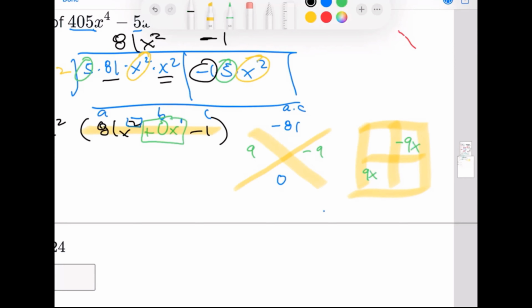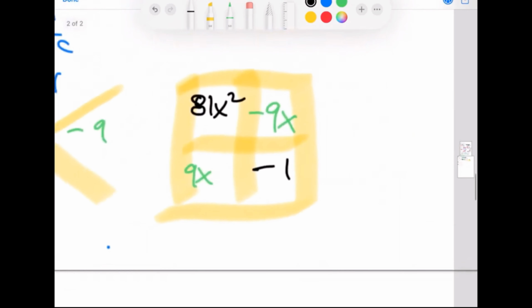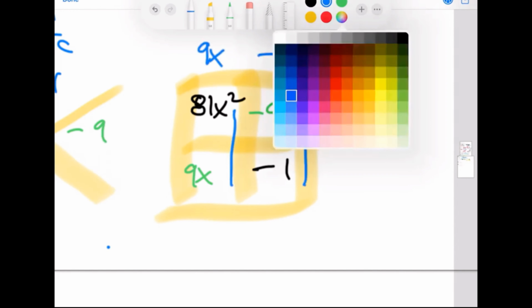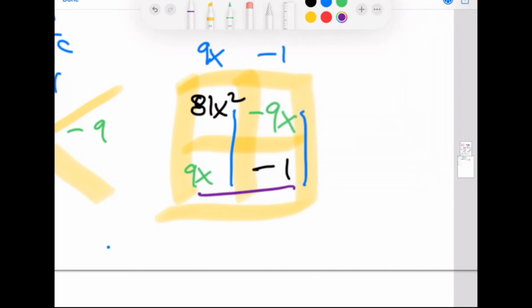In the top left will always go the whole A term, and the C term always goes in the bottom right. All right, so GCF going this direction is a 9x. GCF in this direction is a minus 1. This direction, I think it is going to be a positive 1, and this direction will be a positive 9x.